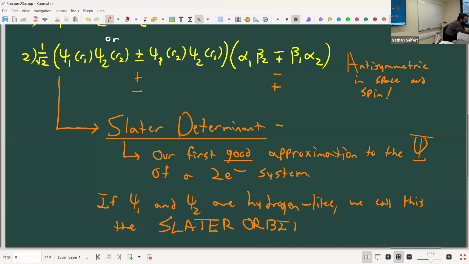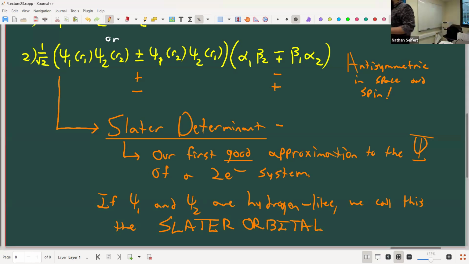We get this antisymmetrized hydrogen-like orbital with 2 electrons, where we take 2 electrons and treat them both like hydrogens, put them in the same space, and allow them to exchange antisymmetrically. That's what's called the Slater orbital. This is our new approximation, right? It's not just the wave function by itself, but also the exchange, the superposition with the exchange product, and also the superposition of the spins.